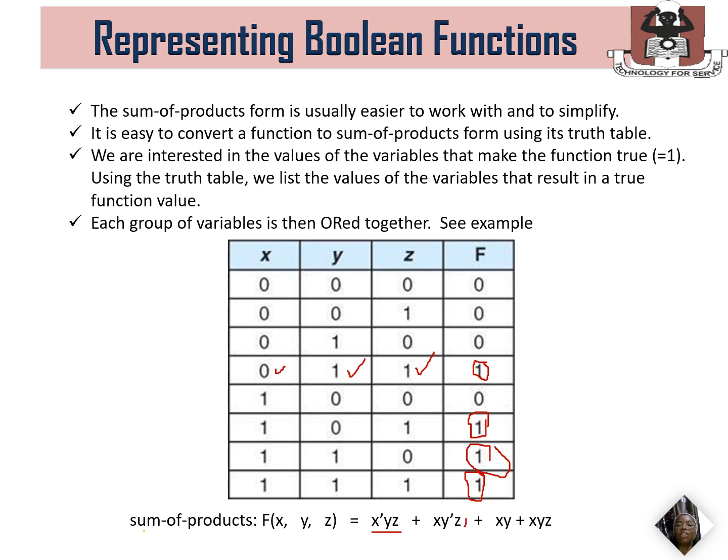Then for this second AND operation is a high. You see this or this can give you a high output. We have x, we have not y, and we also have z, which gives us this output. So that is how we are able to get this sum of products for this function.